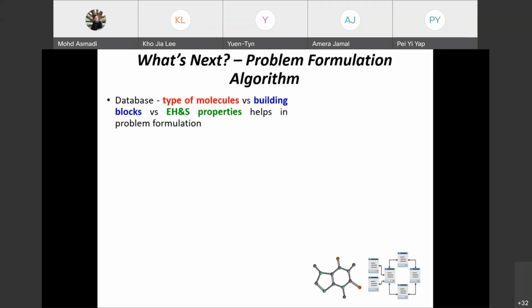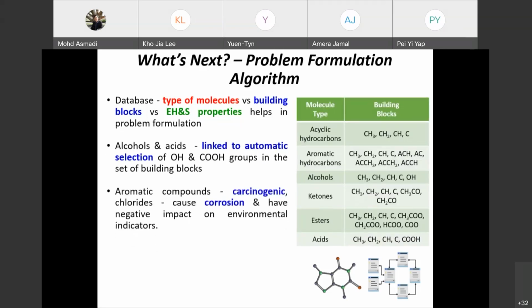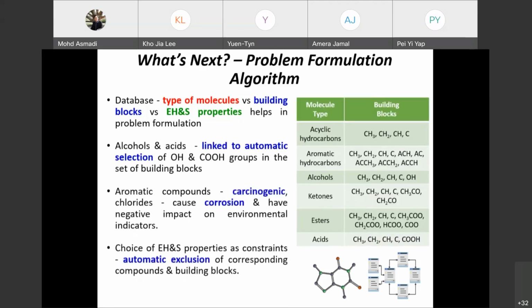For example, these are functional groups. You look at here, such as OH and COOH groups in the set of building blocks. These functional groups must exist in alcohols and also acids. OH is for alcohols, and COOH is for acids.